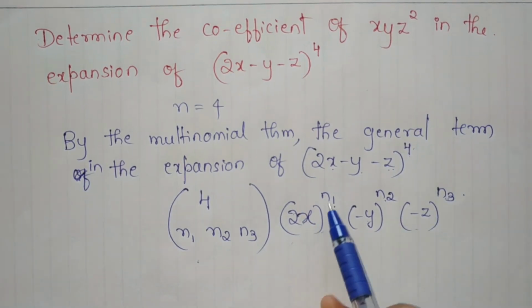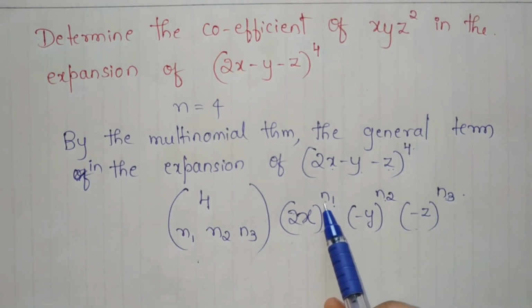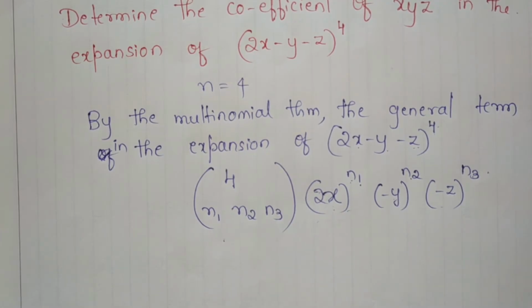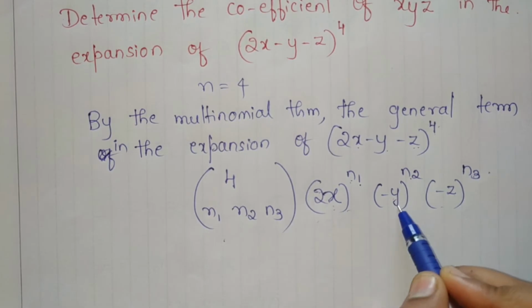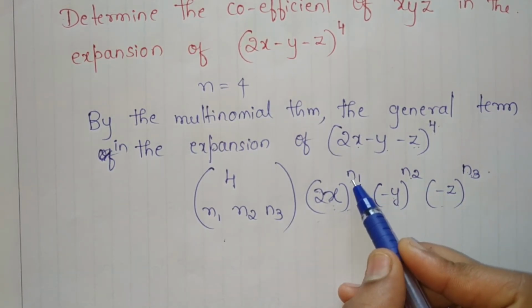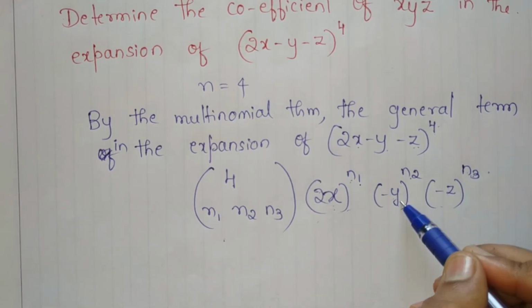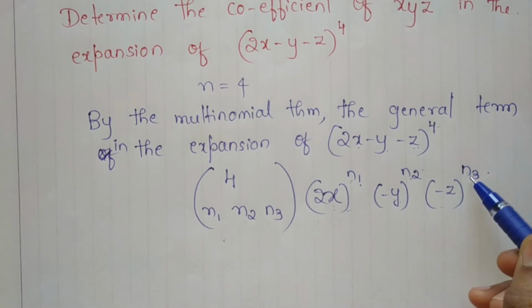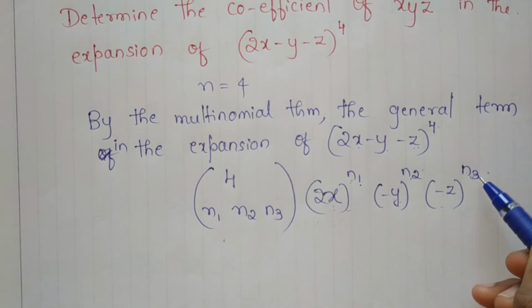So x raised to n1, what should we take? 1. So only we want x, y and z square. So x raised to only 1. So we can take n1 as 1. Next y, n2 as 1. Next we want z square. So take n3 is equal to 2.